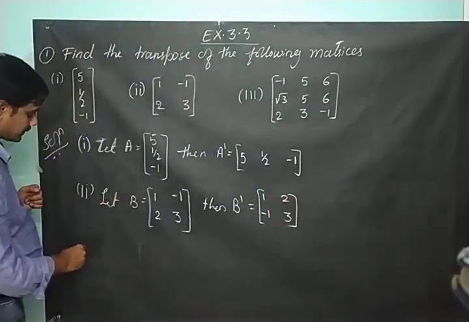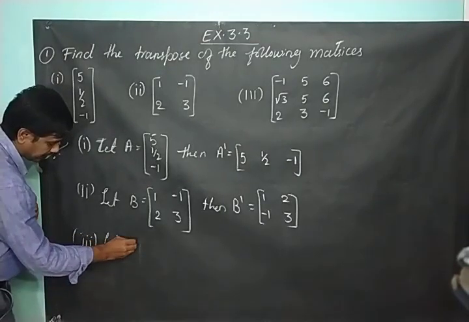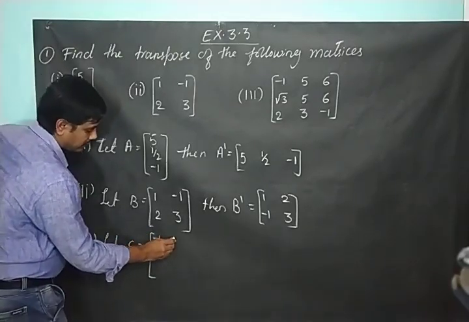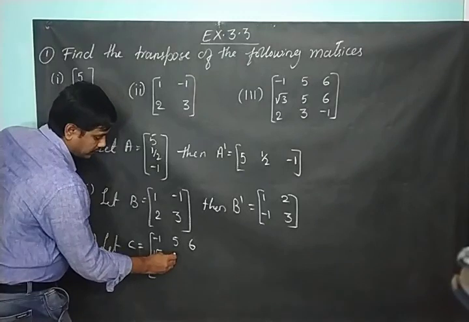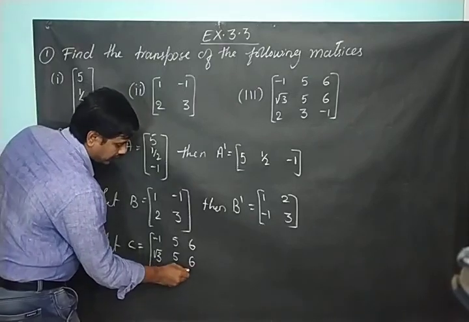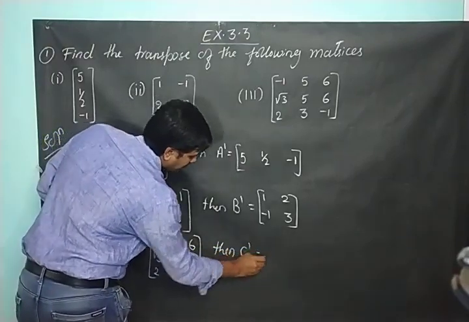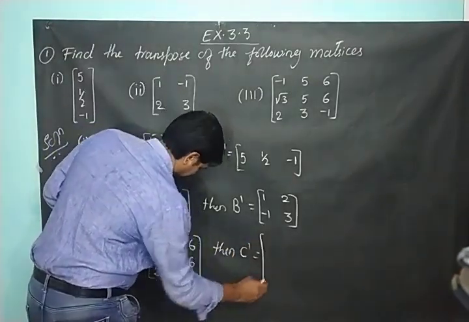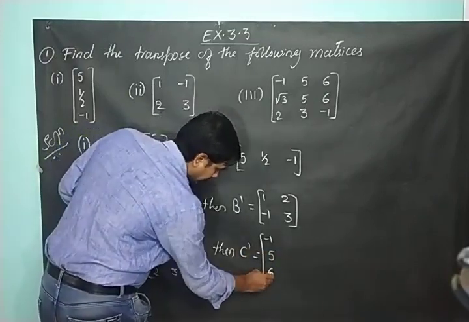And for the third one, let C be the matrix with first row minus 1, 5 upon 6, 2 upon 3... and second row root 3, 5 upon 6, 2 upon 3, with minus 1 in the third row. Then the transpose, that is C dash, will be found by converting rows into columns. The first row becomes the first column: minus 1, 5 upon 6.